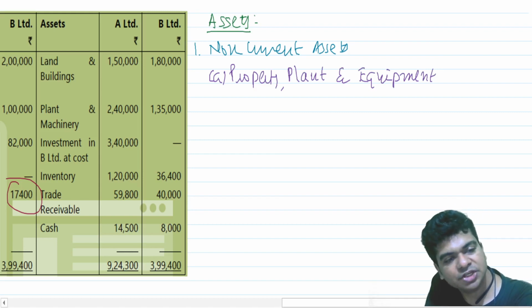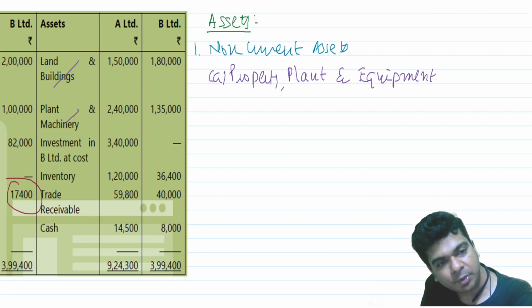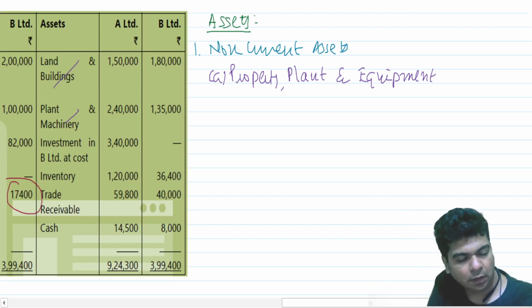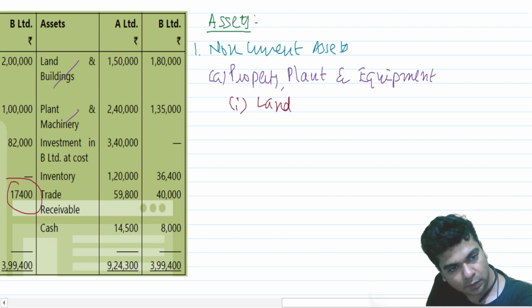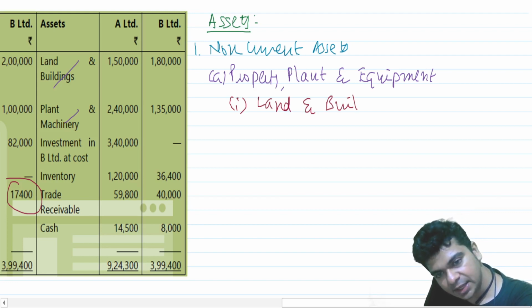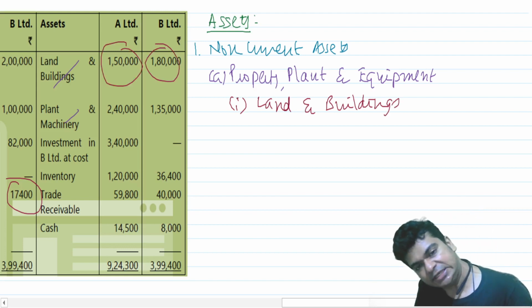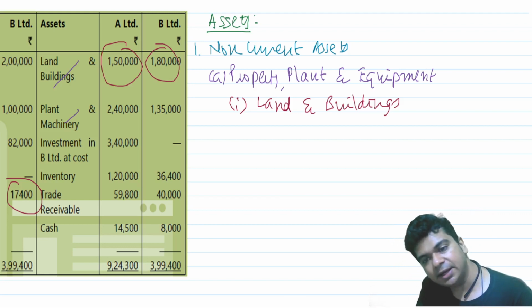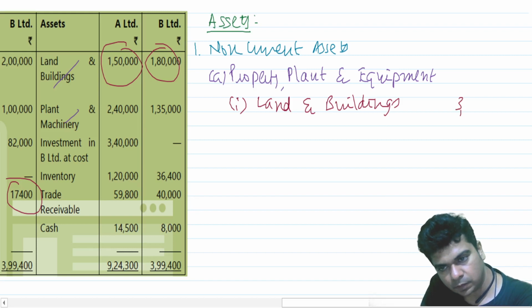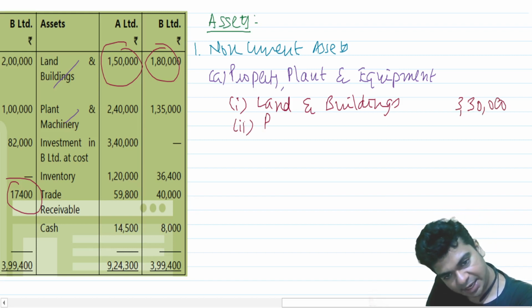If you see the balance sheet, they have given you land and building and then plant and machinery. You should prepare a note, but I show it over here itself. Land and buildings: there is no adjustment, so I just do a line by line addition, 3,30,000. Second item, plant and machinery.